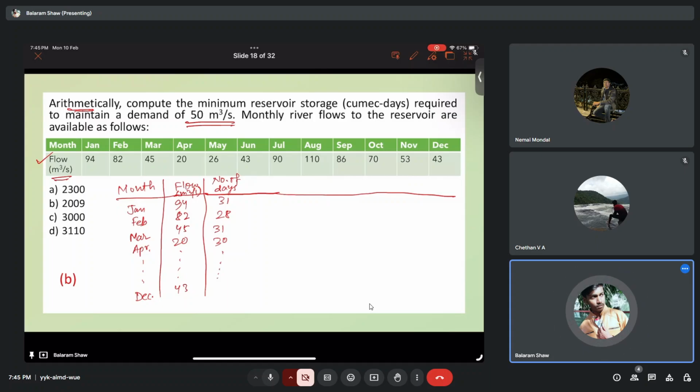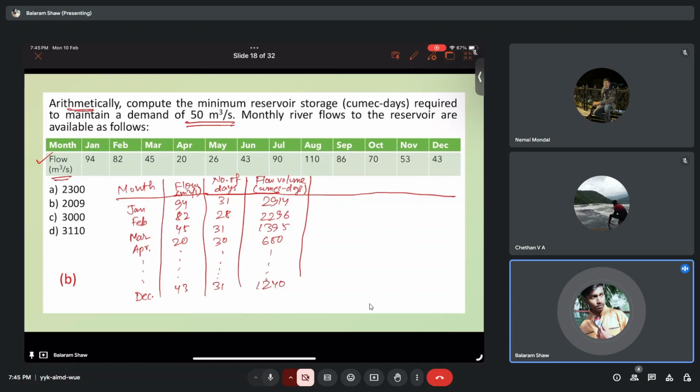From there we can calculate the flow volume, which will be in cubic days. You just multiply the number of days with the flow rate. So 94 into 31 will be something like 2914. I have done this in my notes, and we get 2395, 600, and so on, till 1240.